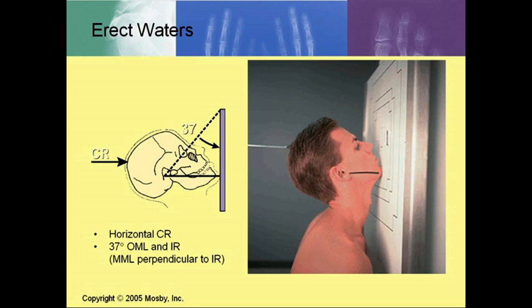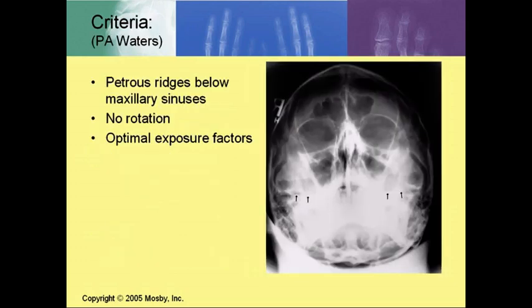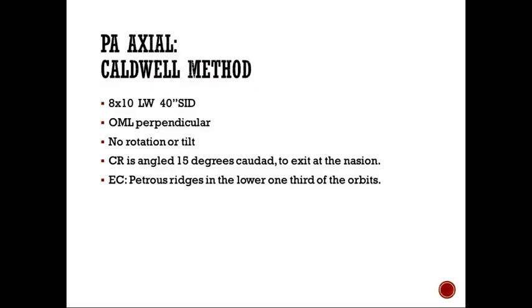Central ray is perpendicular, and there will be a 37-degree angle here between the orbitomeatal line and the image receptor, and again that should place the petrous ridge below the maxillary sinus. As we see here, the up arrows indicating the top of the petrous ridge, clearly identified as being inferior to the maxillary sinus, and of course you can see the orbital ridge.